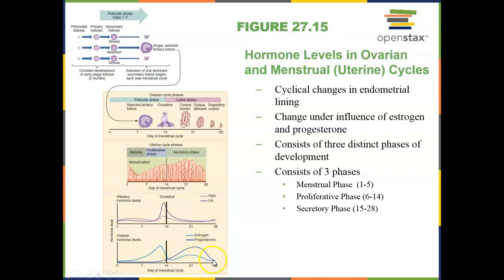These are going to start dying down if the corpus luteum degrades to the corpus albicans. If fertilization occurs, that corpus luteum is going to stay active, and we're going to continue having this high level of estrogen and progesterone, which is going to keep the secretory phase high, so basically keep that uterine lining high so that we can maintain that pregnancy.